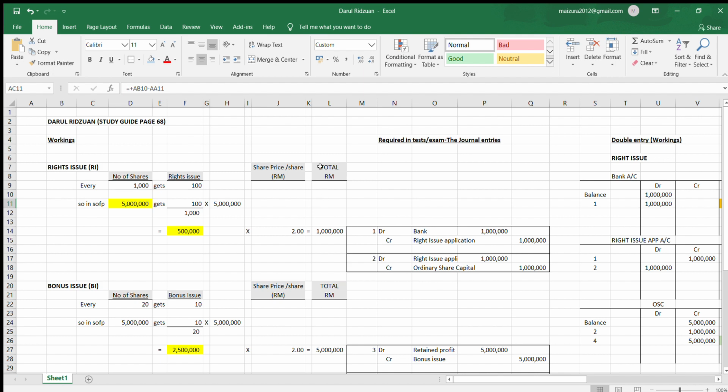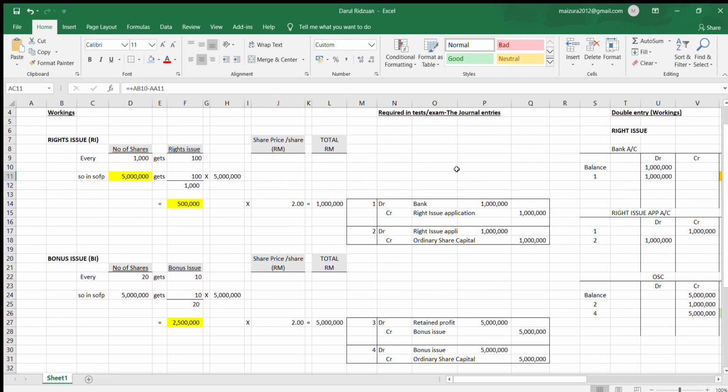The first one is the workings for you to understand from the questions, and then you are able to answer on the journals, which is what is required in the test and exam.